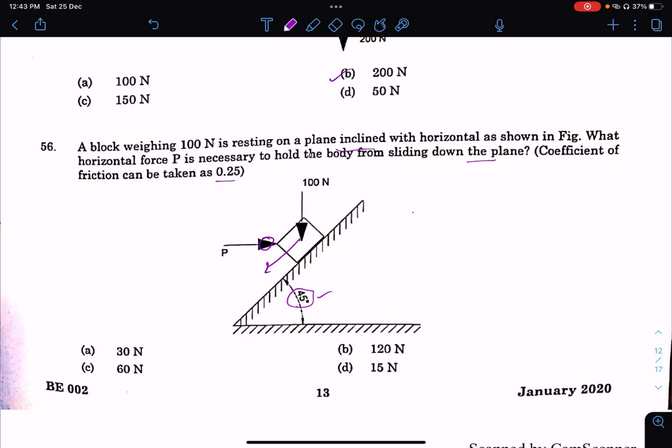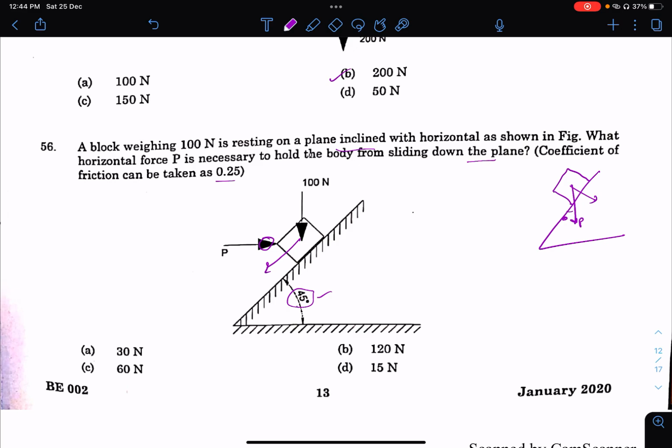So if I draw the free body diagram, here this P is acting downward. P will be like this, and this is theta.